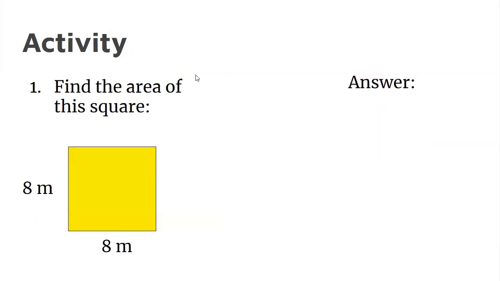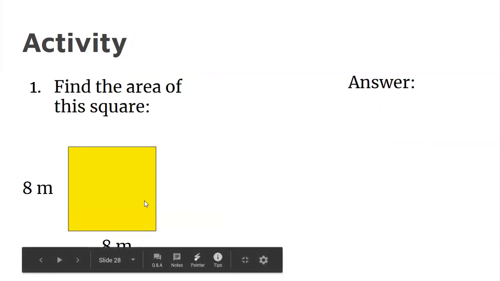All right, now it's your turn. Pause the video, do your work. Once you're finished, come back, and then I'll show you the answers. So 3, 2, 1, pause. And welcome back. So here are the answers. We got the square with 8 meters on both sides.